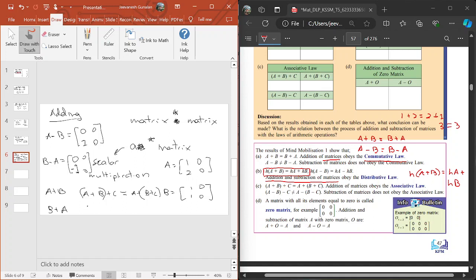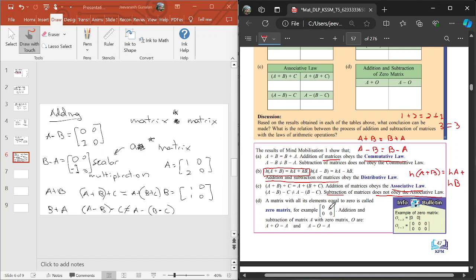But if you do subtraction, A minus B minus C, and you actually do it, you will realize that it won't be equal. So if I create A, B and C matrices and actually do this, I'll find out that it's not equal. So the addition of matrices obeys associative law, but subtraction of matrices does not obey associative law. And that's all about the laws.